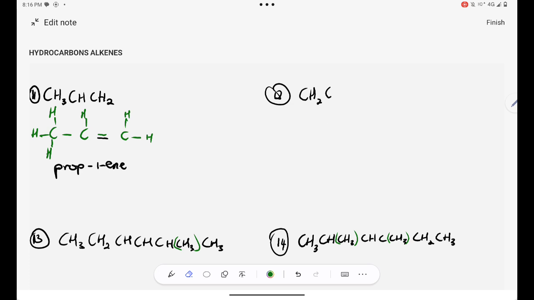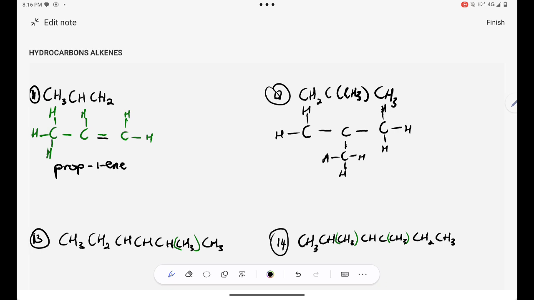Excuse me guys. I have a CH2, I have a C as well as a CH3, and another CH3. So the structure should be CH2, C with the CH3, and then I have a CH3 at the end, with the hydrogens filled in.